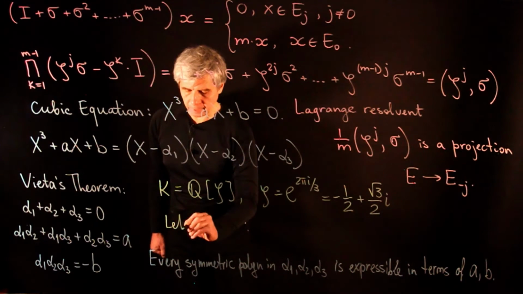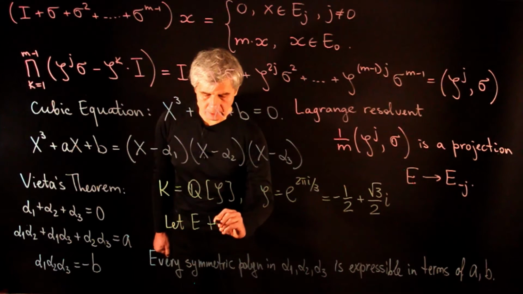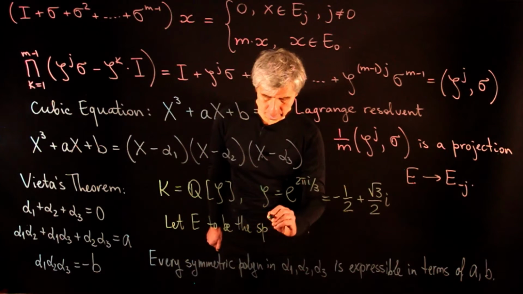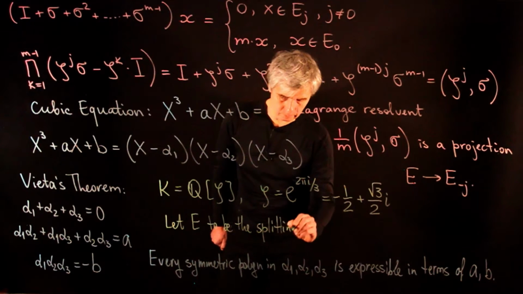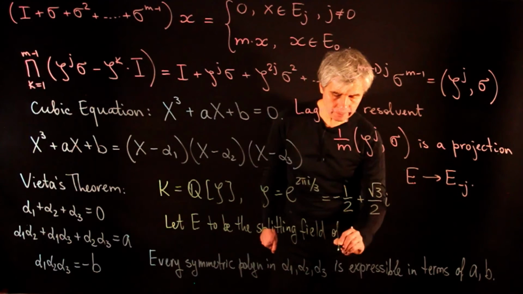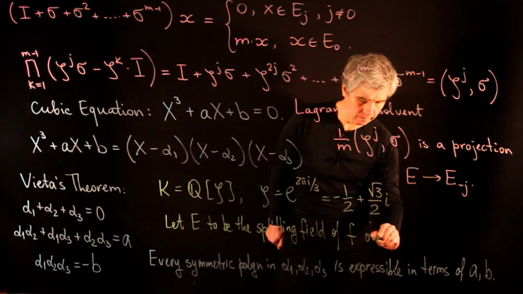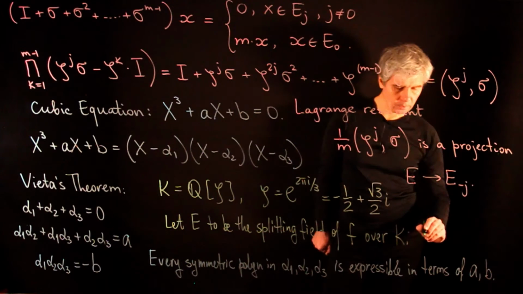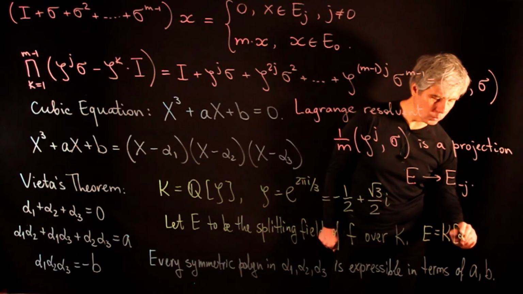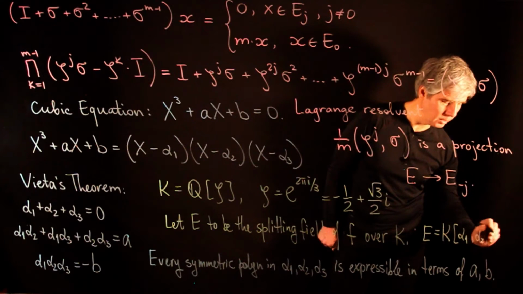And we let E be the splitting field of our cubic polynomial f over K. So this means that E is an extension of K with the roots alpha 1, alpha 2, and alpha 3.